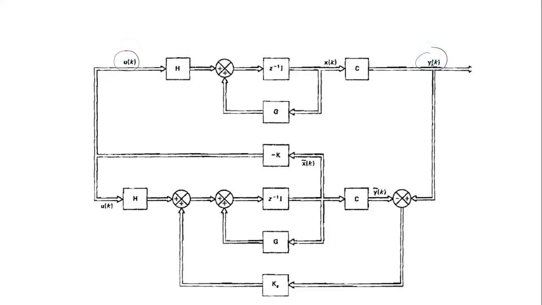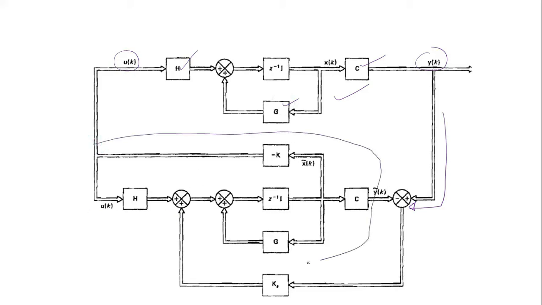The output is actually measurable. So we take the output, and we create a duplicate of our original system. We know the H matrix, C matrix, G matrix. So we use this setup.